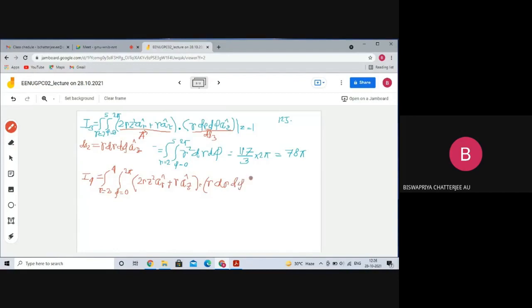Now in this case it will be minus az cap because it is acting along the negative z direction, and it will be evaluated at z equal to -1. So essentially this is the a vector, and this is ds4.